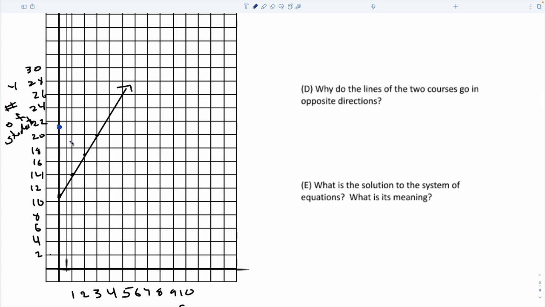Down 2 over 1, down 2 over 1, down 2 over 1. Cool. Like that. Yeah.